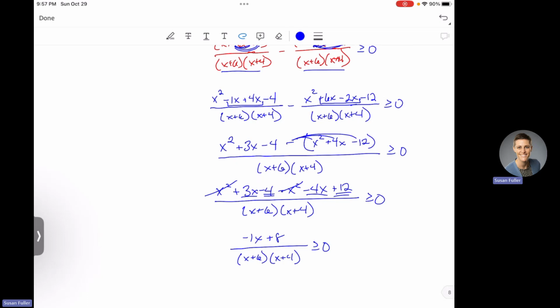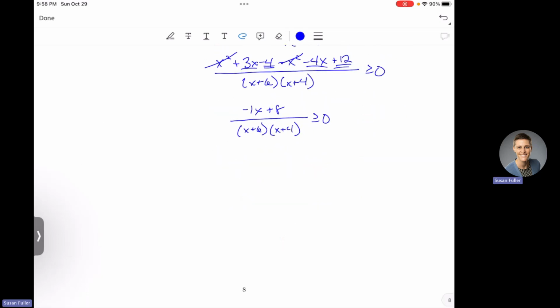Okay, my friends, all of that work that we just did got us set up correctly. I have one fraction on one side, I have a 0 on the other. Now I am ready to set the top equal to 0 and the bottom equal to 0 to get everything to put on my number line.